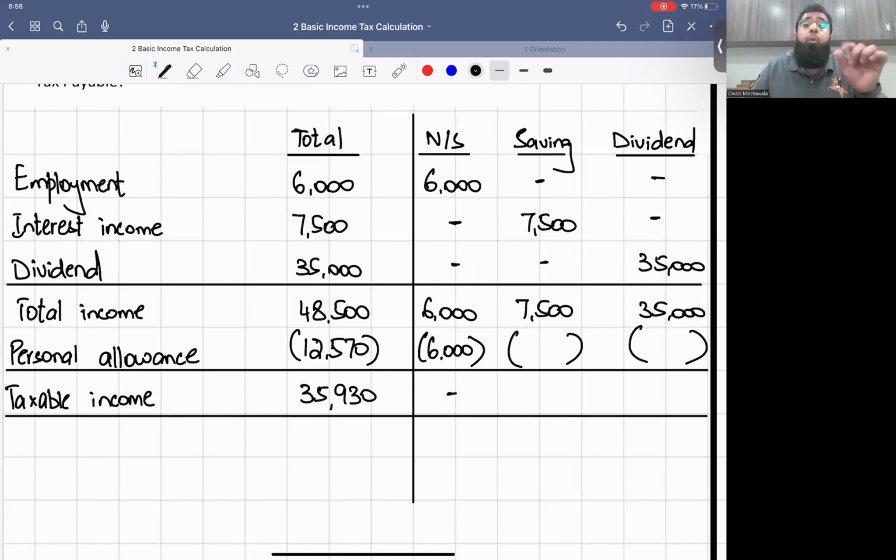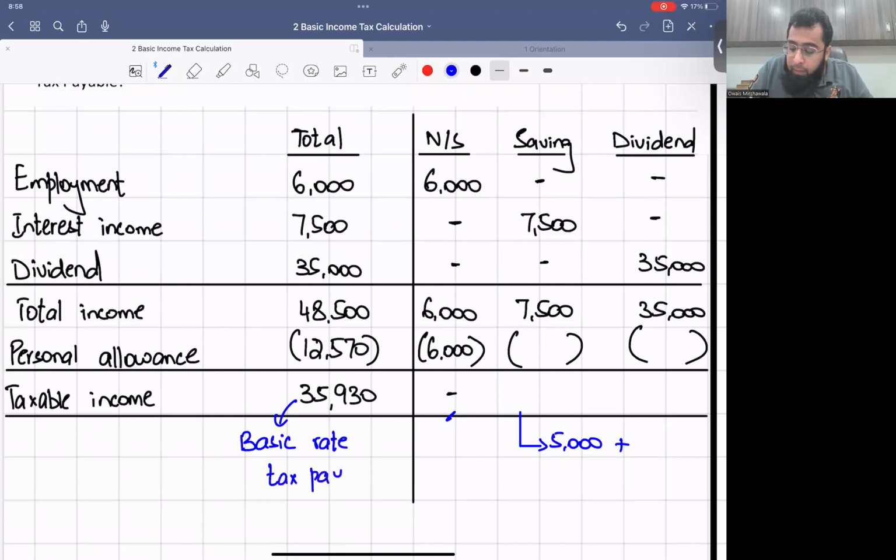But I want you all to concentrate here. Listen to me carefully. Your non-saving income has fallen to 0. So in saving income, there will be a 0% band of 5,000. And if you look at your total taxable income, you are a basic rate taxpayer.